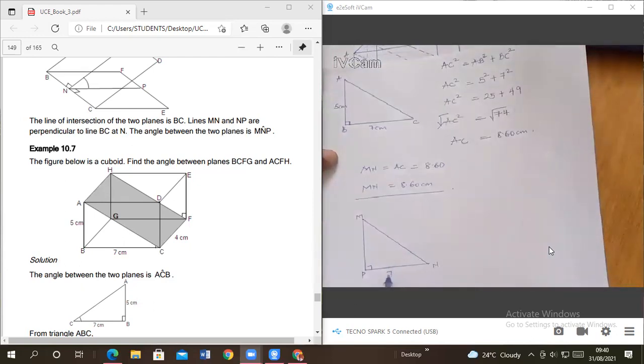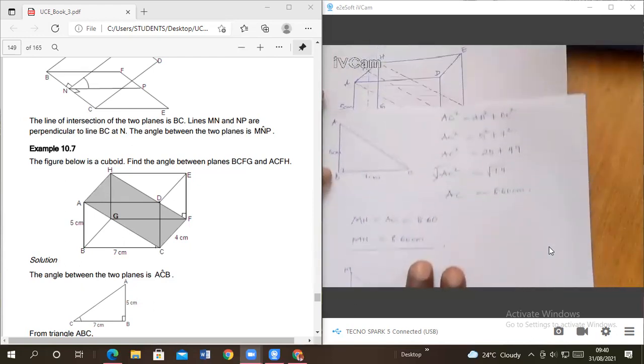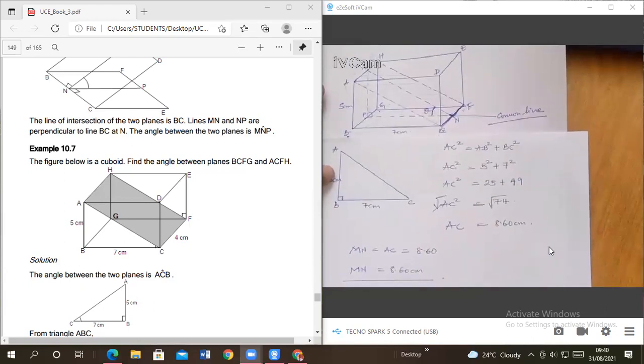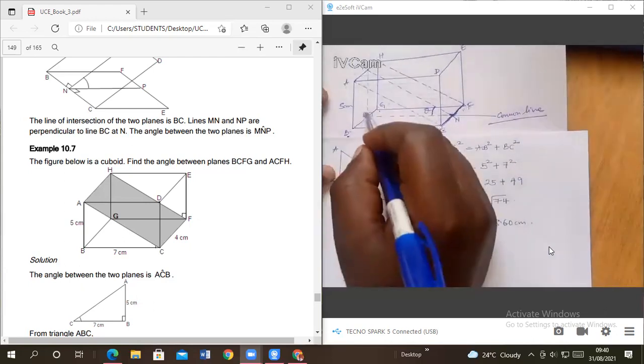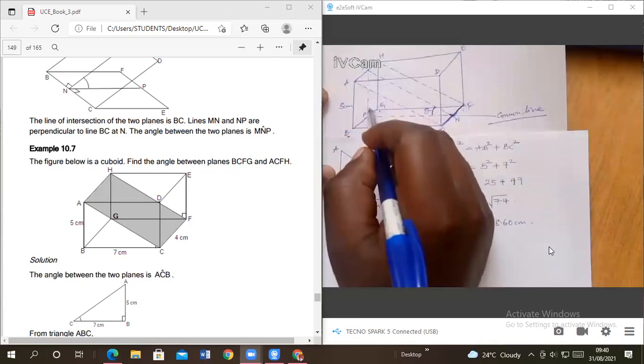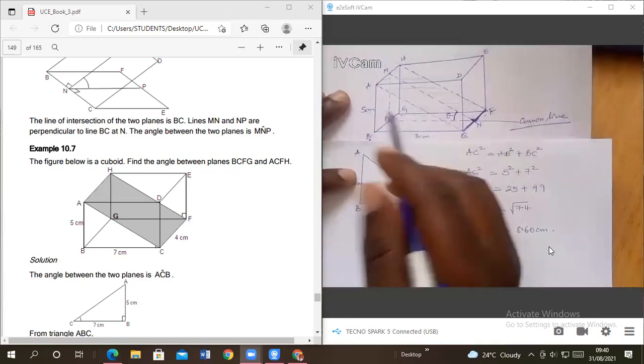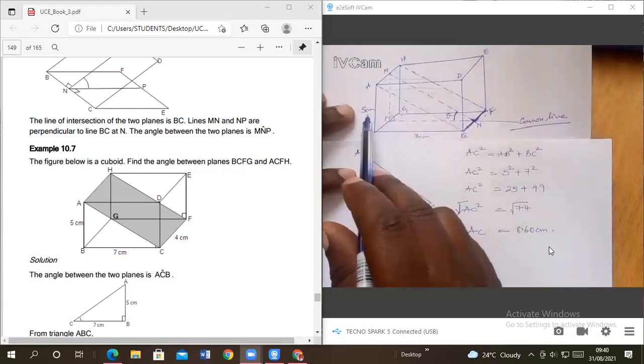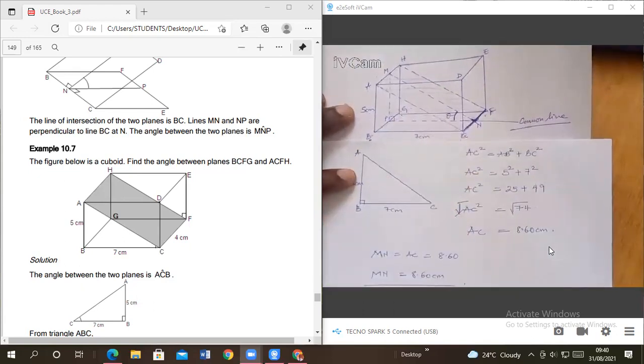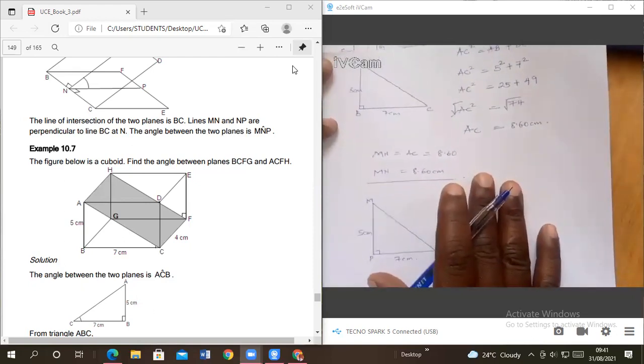And then when we look at PM, what is the distance of PM? Members, are you there? What's the distance of PM? 5 centimeters. Yeah, 5 centimeters. So I've written 5 centimeters.